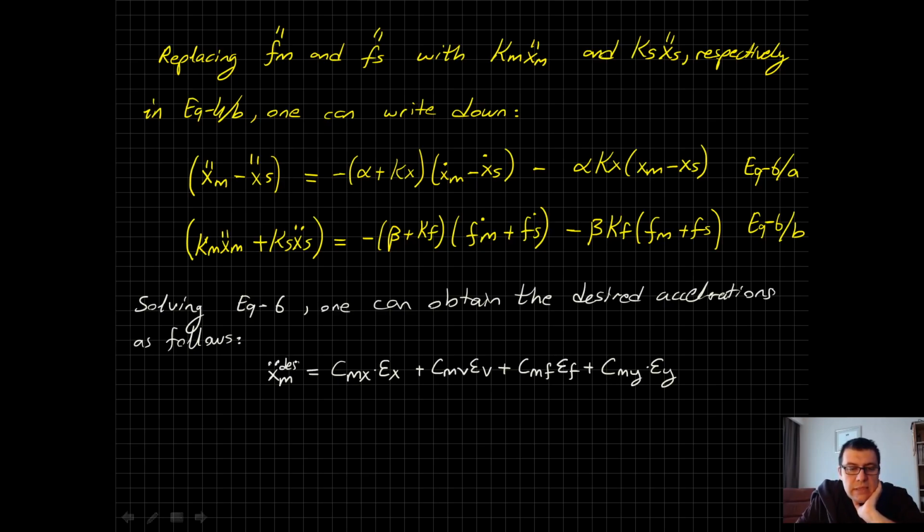Don't forget that this is desired acceleration. Similarly, the slave side desired acceleration can be given as c slave x ex plus c slave velocity ev plus c slave force times e force plus coefficient of the slave system in yang times error in yang.